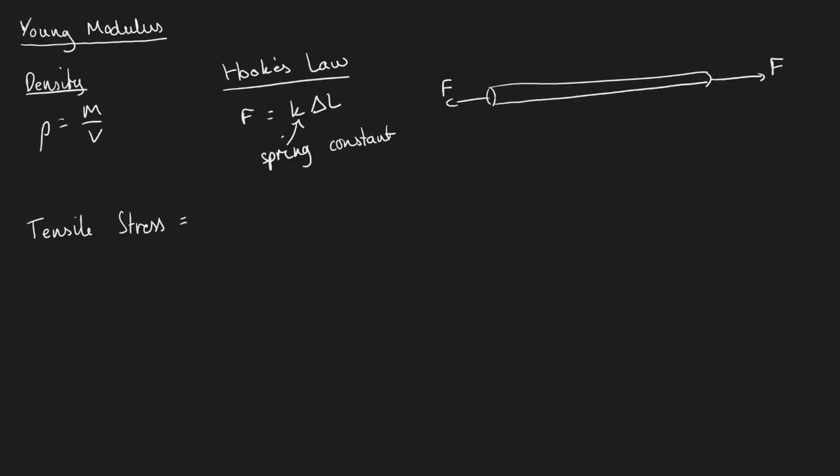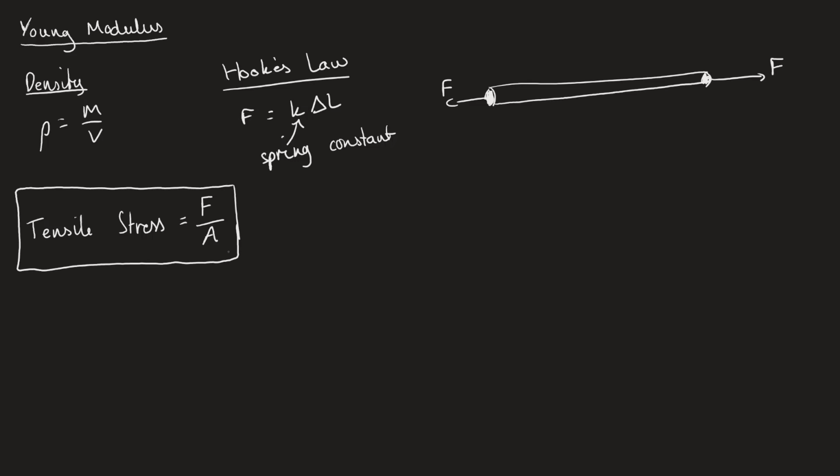But that force, as I pull it, is actually spread over the total surface area here on both sides, okay? And so my tensile stress is the ratio of the force that I'm applying to the area that I'm applying it across, okay? So this is our first definition of tensile stress.